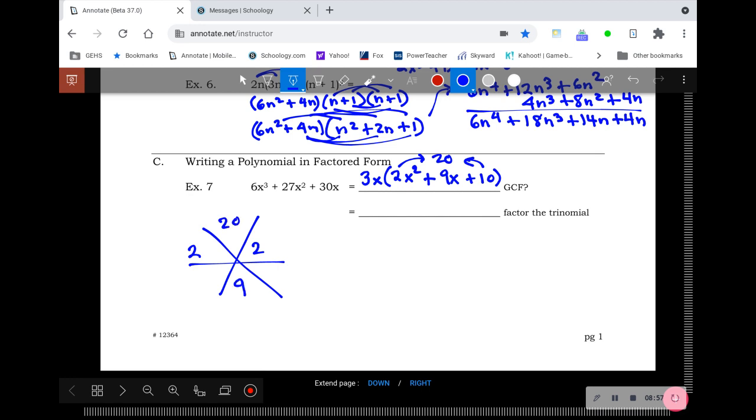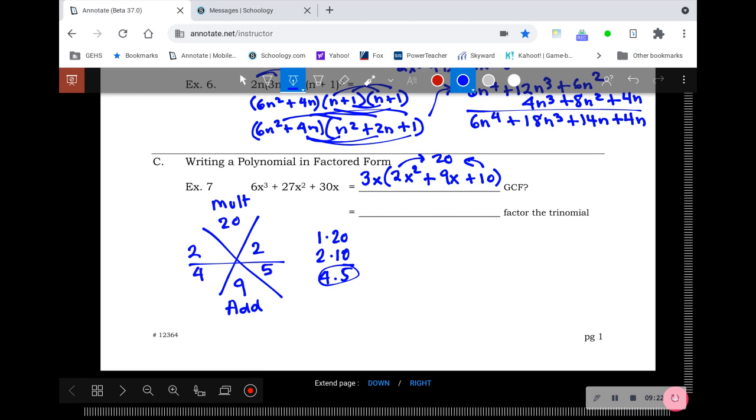And a 9 underneath. We need numbers that multiply to give 20 and add to give 9. So here's the numbers that multiply to give 20. There's one pair. Here's another pair. Here's a third pair. And that ends the list. And the only one that we have potential for getting 9 out of is that 4 and 5.